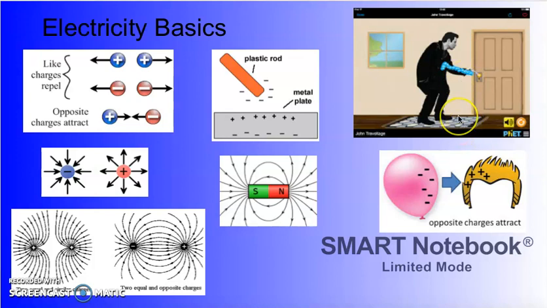Here's an example, this is kind of funny, online they have a John Travoltage, and here's a picture of John Travolta on a rug. In this simulation, you move his feet on the rug and it builds up charges, and the charges will eventually attract the negative charges from the doorknob, even though he's not touching the doorknob.